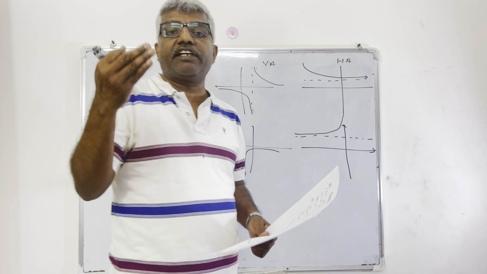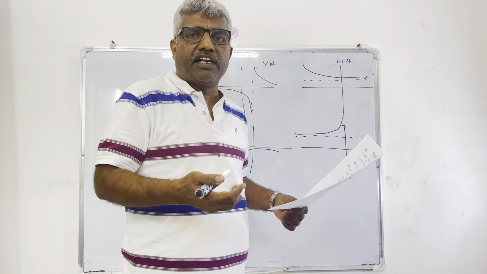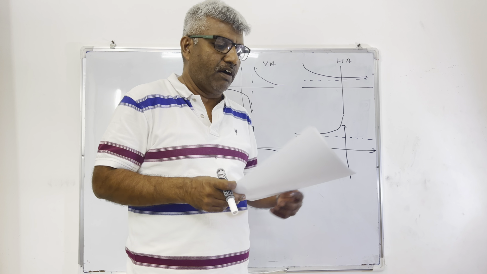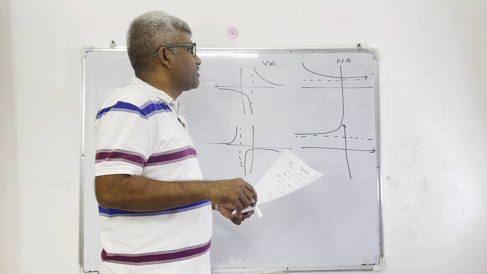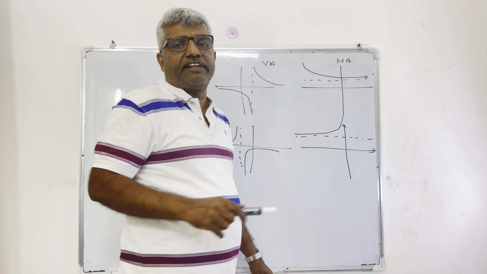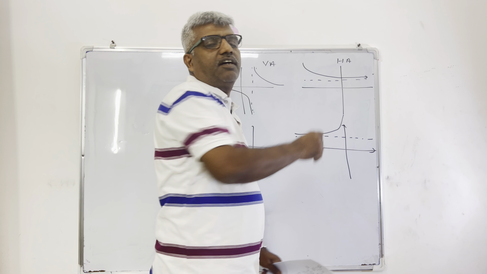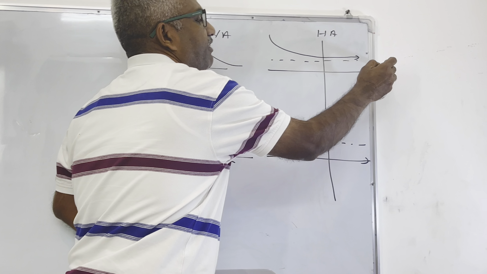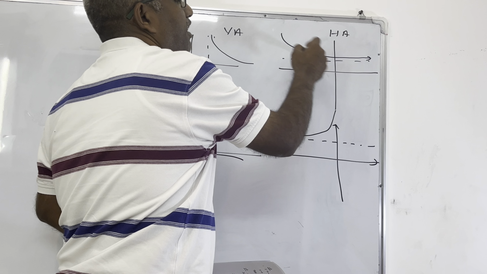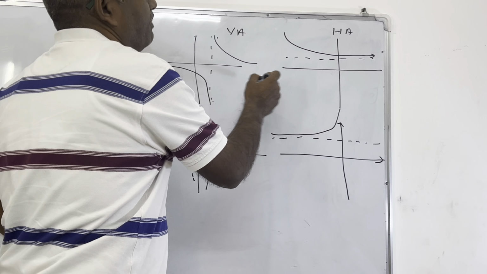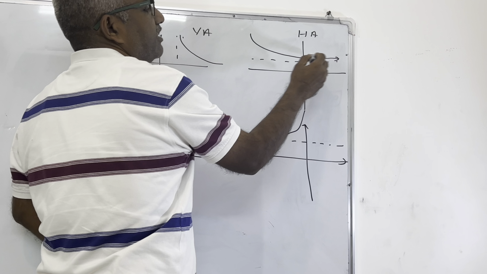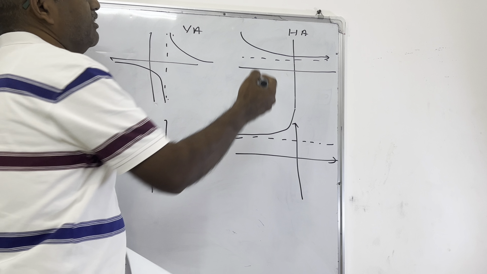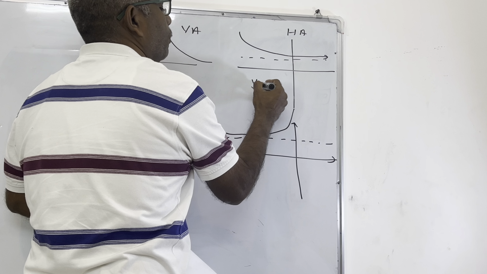What is an asymptote? There are three asymptotes: horizontal asymptote, vertical asymptote and slant asymptote. I am going to give some techniques. Please note all the points. Horizontal asymptote, what is the definition? When x is approaching infinity, f of x is L. You see, f of x is approaching one particular value, maybe y equal to 3 or 4, then the horizontal asymptote is y equal to 3, for example.